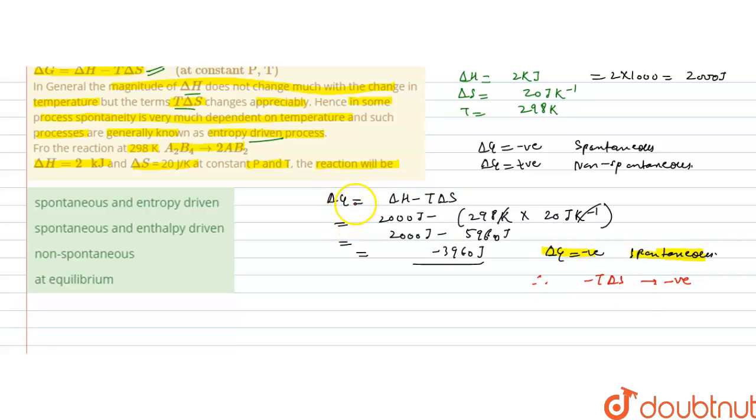It is not decreasing the free energy, it helps in increasing the free energy because it is a positive value. So here minus T delta S is negative, so it is dependent on this term. So this is the entropy driven process.